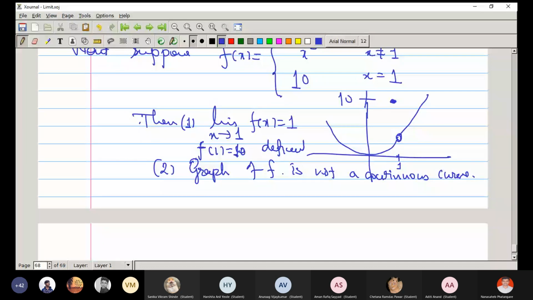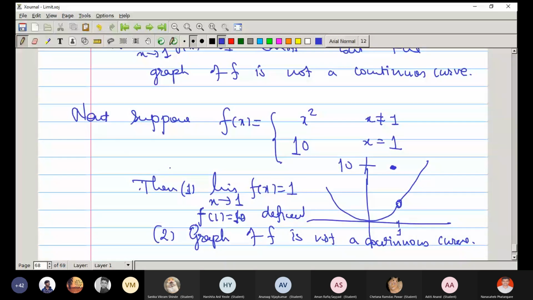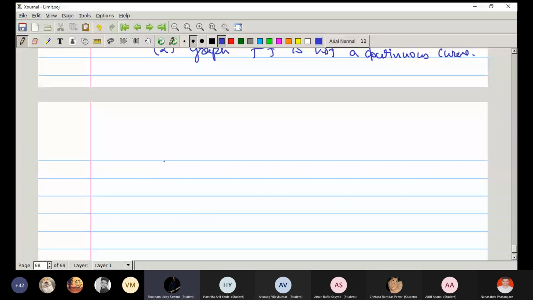Still the graph is not a continuous curve. Now you tell me, when will this graph be a continuous curve, when can we draw the graph without lifting the pencil? When the limit of f of x as x tends to 1 is equal to f of 1.